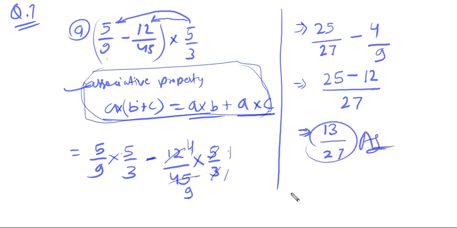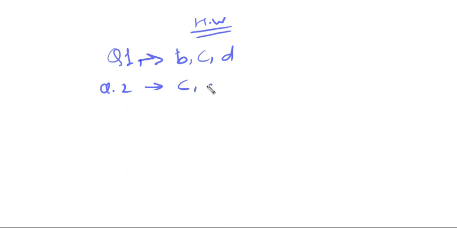In this way you have to solve question 7, parts B, C and D. Here your homework is: question number 1, part B, C and D. Question number 2, part C and D. Question number 3, part C and D. I have solved question number 4.